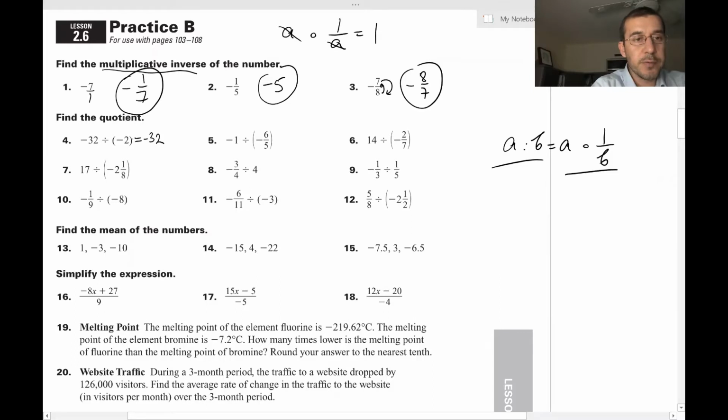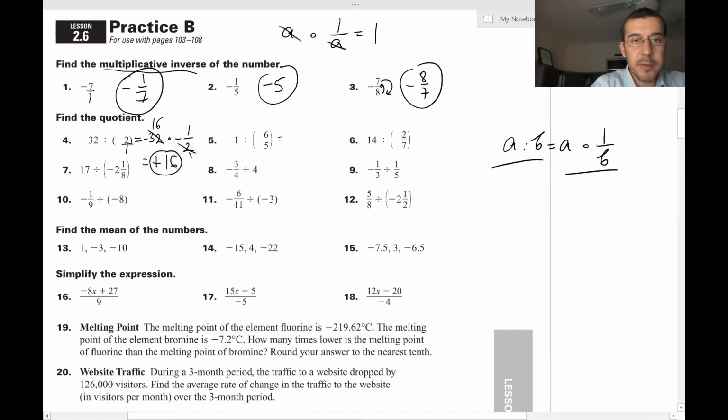So -32 times, this is over 1, so this is going to be -1 over 2. And so here we're going to do minus and minus. The product is plus. 32 and 2 cancel out by 2. We have 16 here, so 16 times 1 is 16. So plus 16 is the answer for number 4.